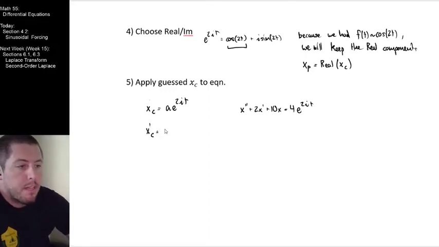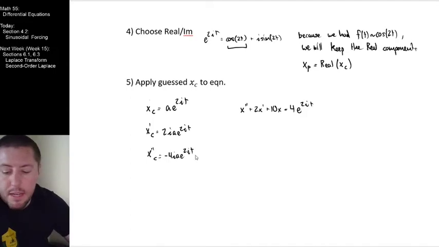So x prime is going to be 2ia e to the 2it. Our x double prime of c is going to be, another 2i is going to come down. It's going to give me negative 4a e to the 2it, because that negative 4 is from i times i.